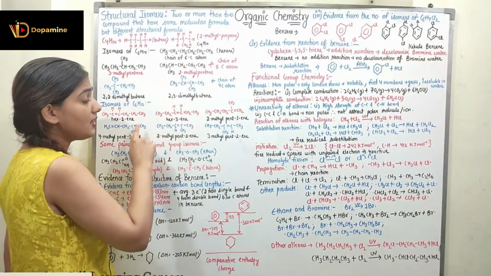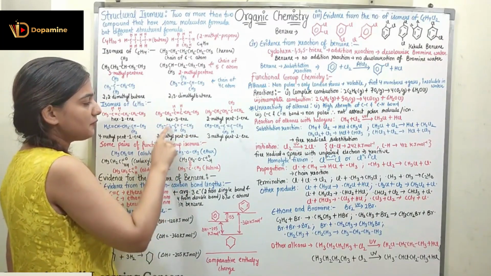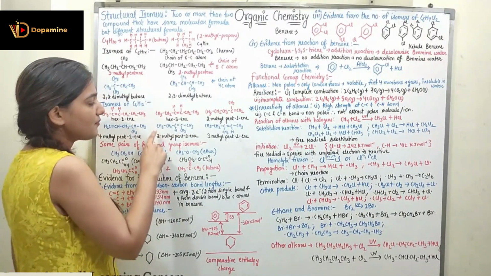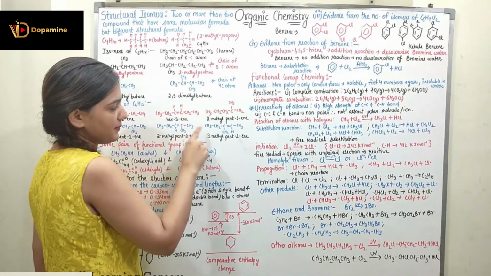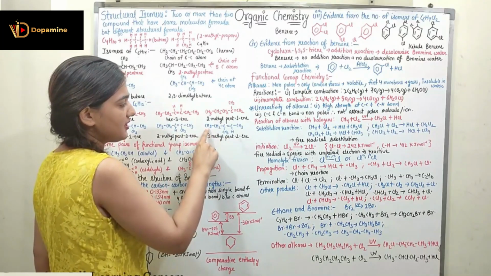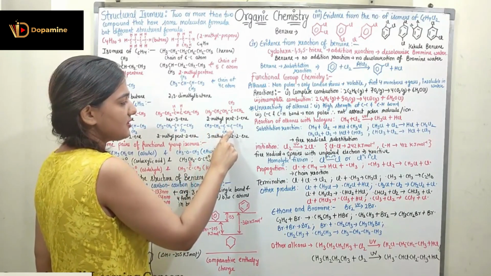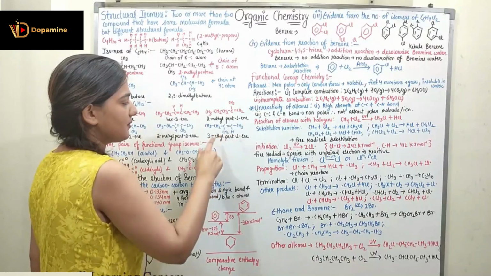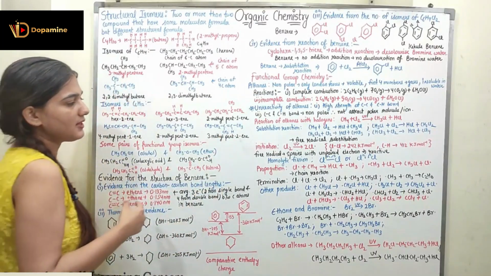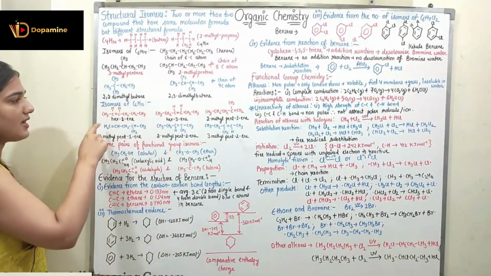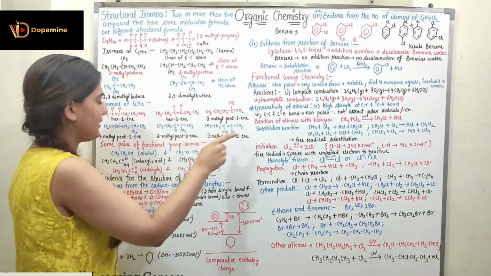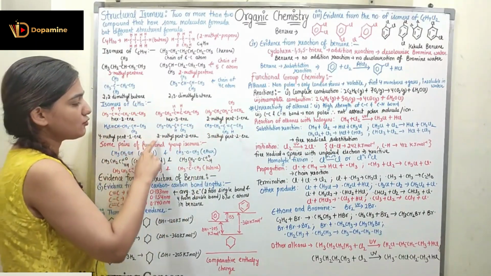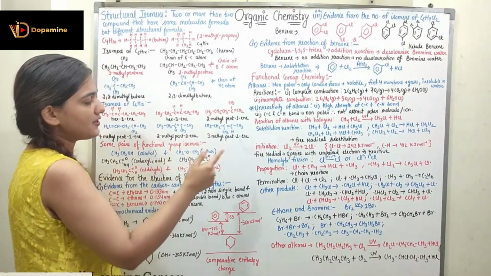If I count the longest chain of carbon, it has 5 carbons, so it is a 5 carbon chain, and a double bond is also present. Again, we have a 5 carbon chain, CH3CH2C(CH3)=CHCH3. Here we have the double bond at location number 2, so 3-methylpent-2-ene. So the isomers of C6H12 are hex-2-ene, hex-3-ene, 2-methylpent-1-ene, 4-methylpent-1-ene, 2-methylpent-2-ene and 3-methylpent-2-ene.